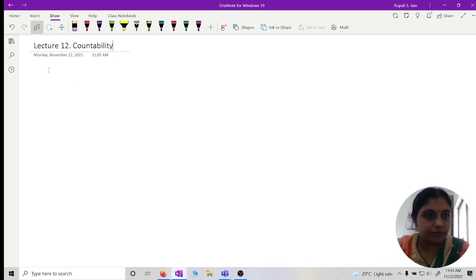Yes. Okay. So before going to countability, first we will define equivalent sets. Equivalent sets.